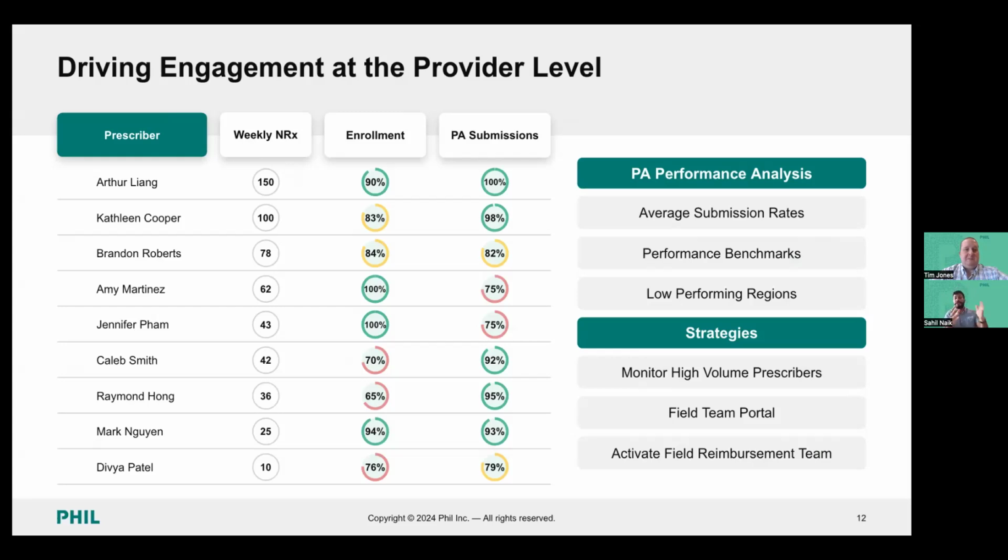You understand what's a trend at each individual level, and then you can get more and more specific as you go down. So that's what I took away from our conversation, Tim: you should hopefully have reporting that looks like something on the page, where you can really understand some of these KPIs at very tactical levels.